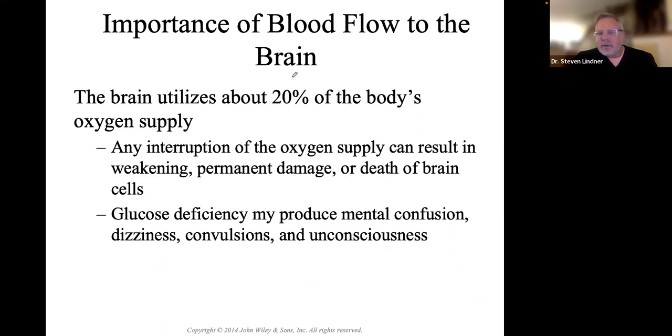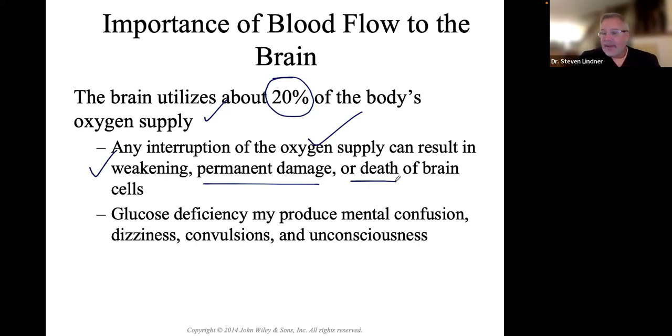The brain is going to use about 20% of the body's oxygen supply. And if there's any interruption of the blood flow or of the oxygen supply, it's going to result in some sort of weakness. Could be permanent damage or death to the brain cells.